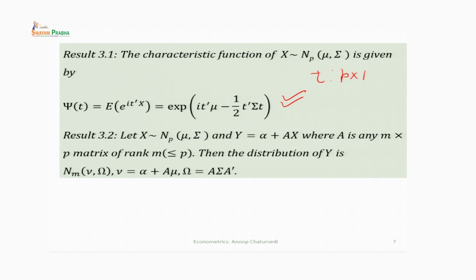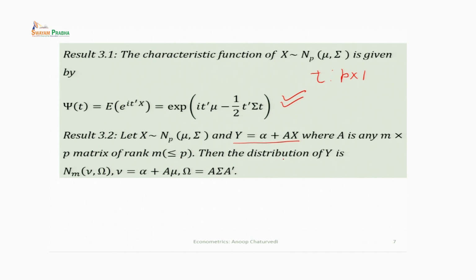Now, suppose x follows N_p(mu, sigma) and we define y equal to alpha plus A x. So, y is actually a linear transformation of x, where A is any m cross p matrix of rank m, m is less than or equal to p.